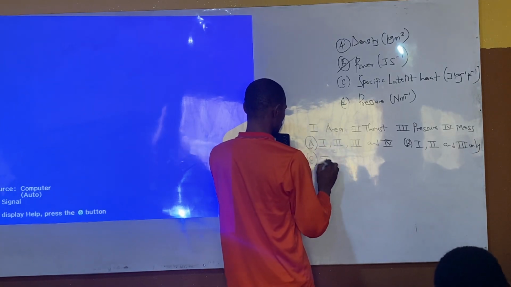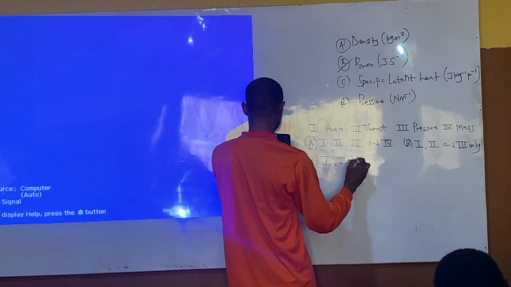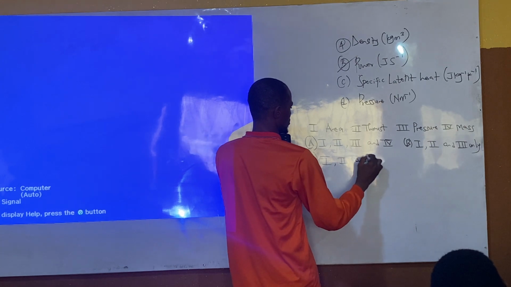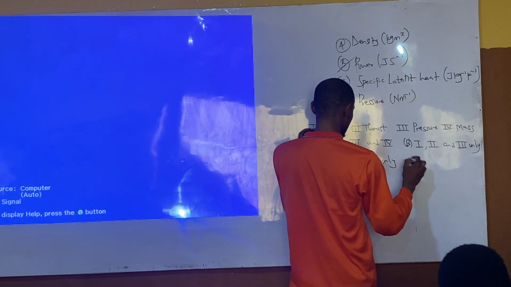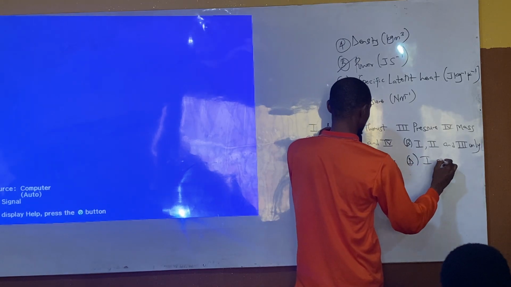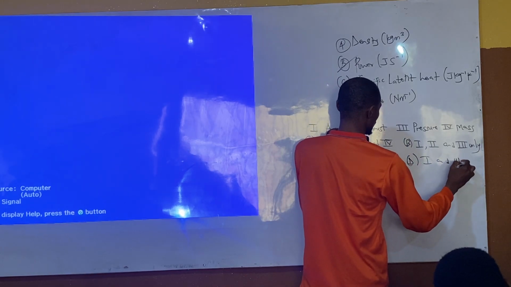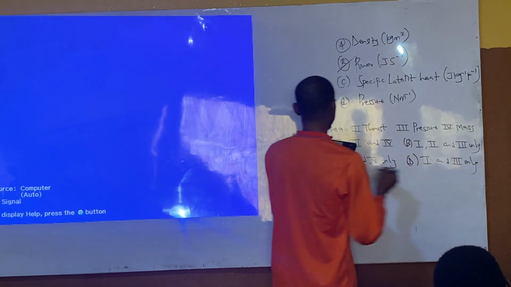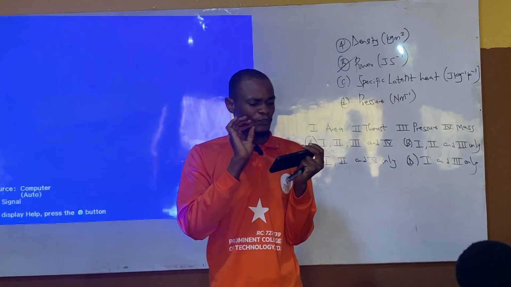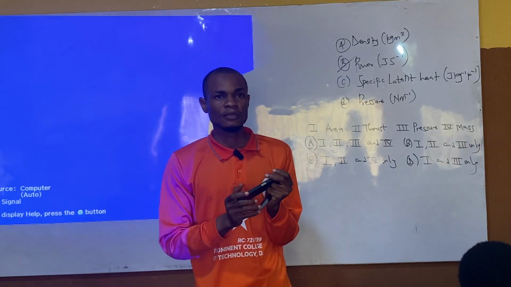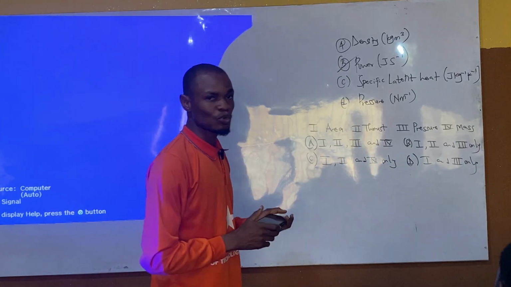Option C, Roman figure 1, 2, 4 only. Option D, Roman figure 1, 3. Look at the question. What's the question? Which of the following physical quantities are derived?